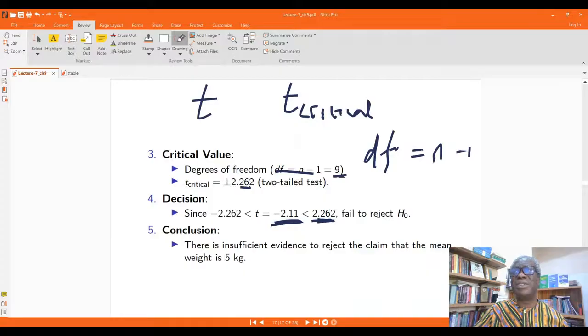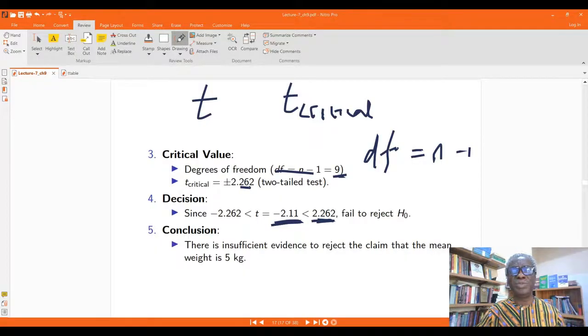But in this case, the computed T, which is minus 2.11, is less than the critical T. So we fail to reject.